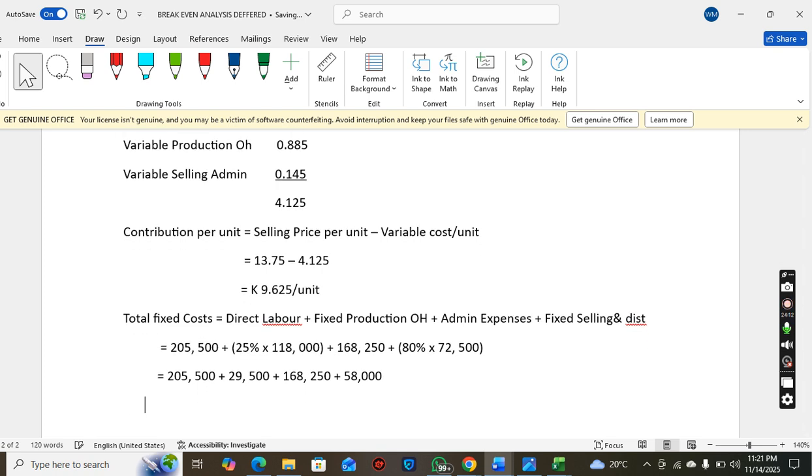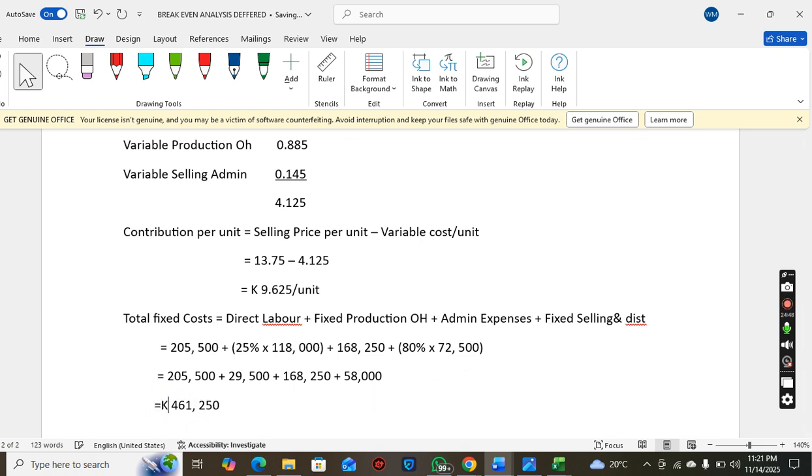So we get our total fixed costs. So 205,500 plus 29,500 plus 168,250 plus 58,000. You get 461,250. Okay, and that's our total fixed costs.